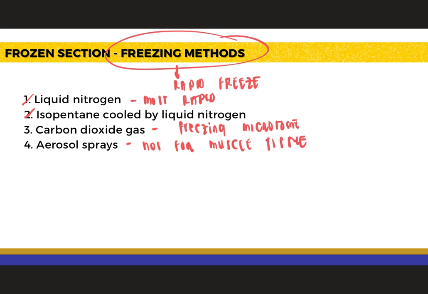We mentioned that the most rapid and commonly used agent is your liquid nitrogen. This liquid nitrogen is for histochemistry and is used during operative procedures. What are the disadvantages of liquid nitrogen?